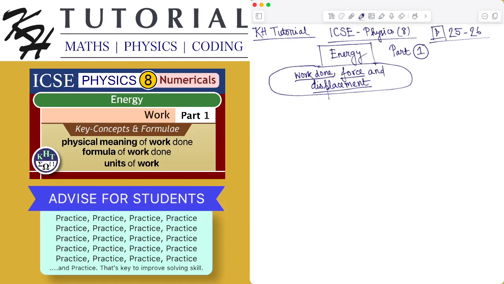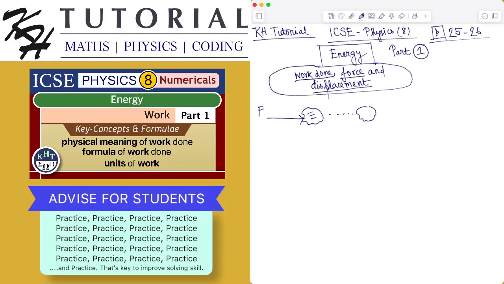So let's say this is a body and you are applying a force, and if the body is at rest and this force causes the body to change its position, let's say it comes here, or if it starts moving, or if the body was already in motion and its speed increases or decreases, or a moving body comes to rest.